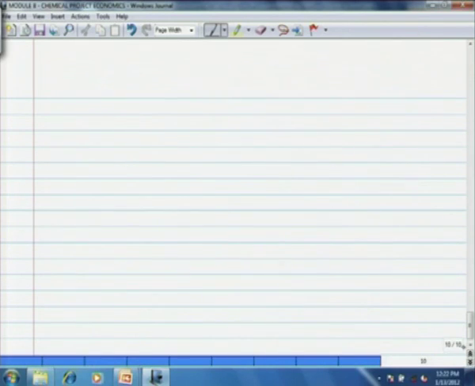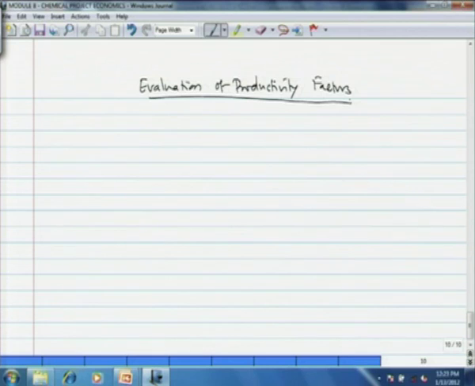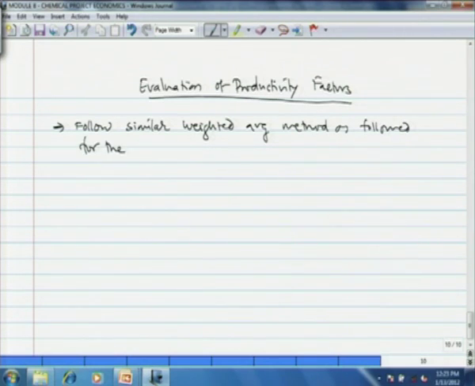Then we have the productivity coefficient, productivity factors. Now, here we follow a similar methodology as we did for selection of the process, the process viability coefficient, and profitability coefficient. We follow a similar weighted average method as followed for the viability coefficient.